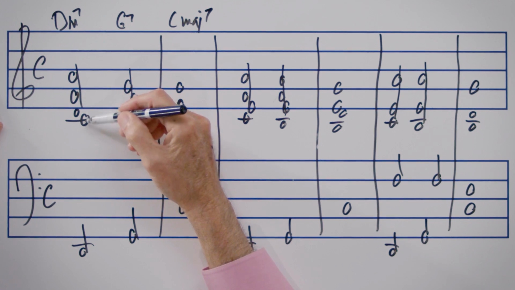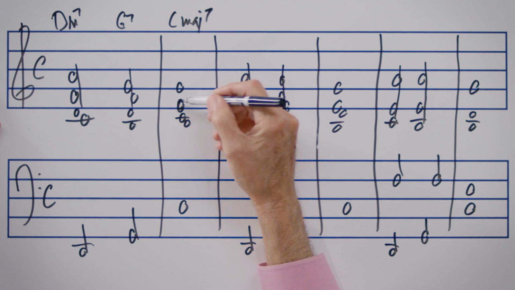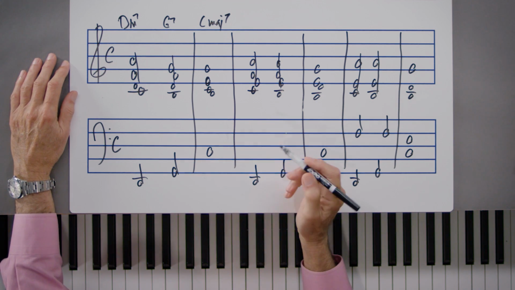So here's your D minor 7, voice led to the G dominant 7th, and then voice led to the C major 7 with, of course, the roots of the chords in the bass.